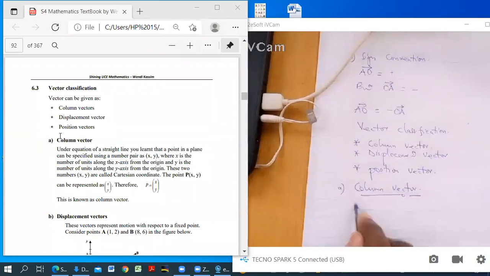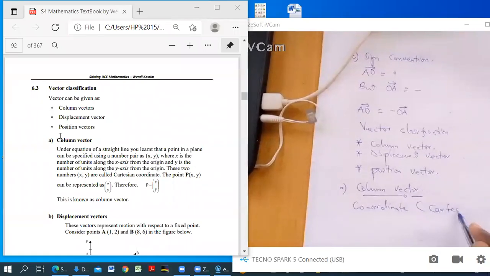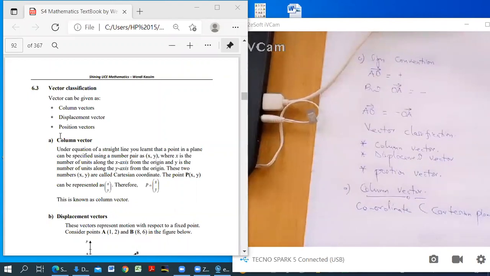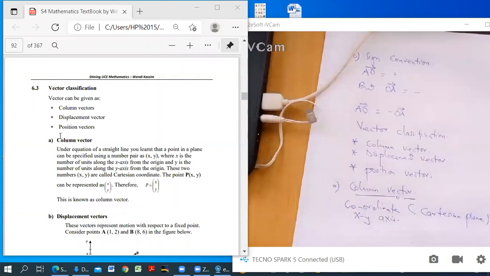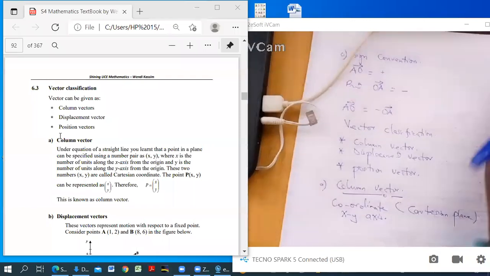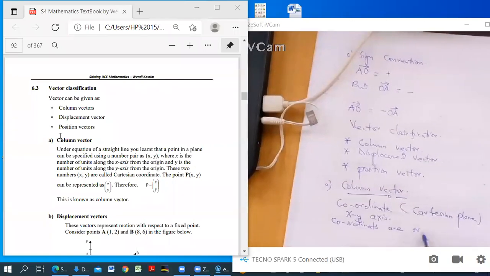I believe we have already looked at coordinates, or what we call the Cartesian plane. Do you remember that? When I talk of the Cartesian plane, I mean the X and Y axis. So from the coordinates, we know coordinates are ordered pair numbers.